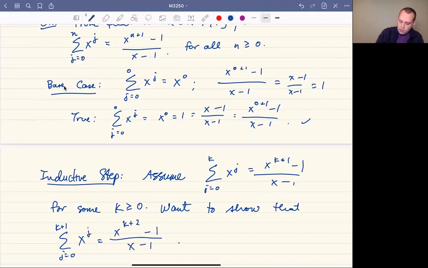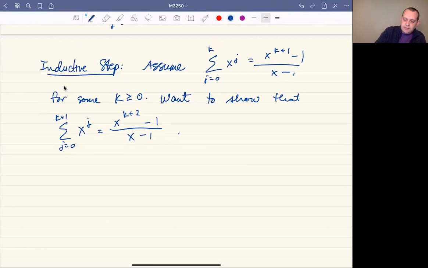Okay. Well, the thing that we want to say something about is the sum on the left. So let's look at that. And somehow from this, we want to extract information about this sum, the sum from 0 to k. So we're going to look at the sum from j equals 0 to k plus 1, x to the j.